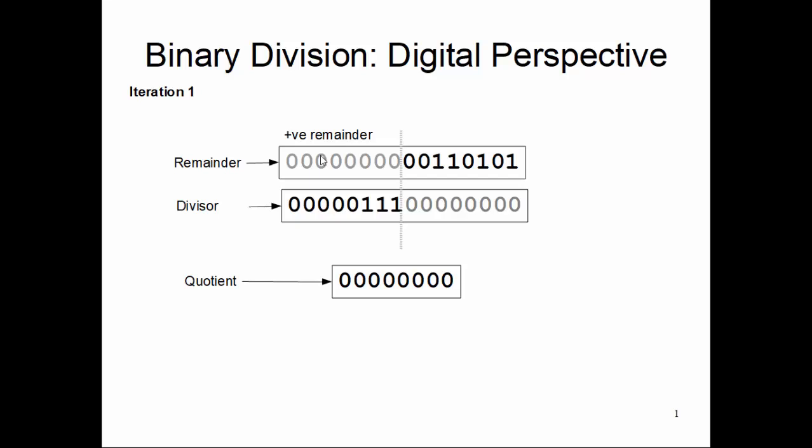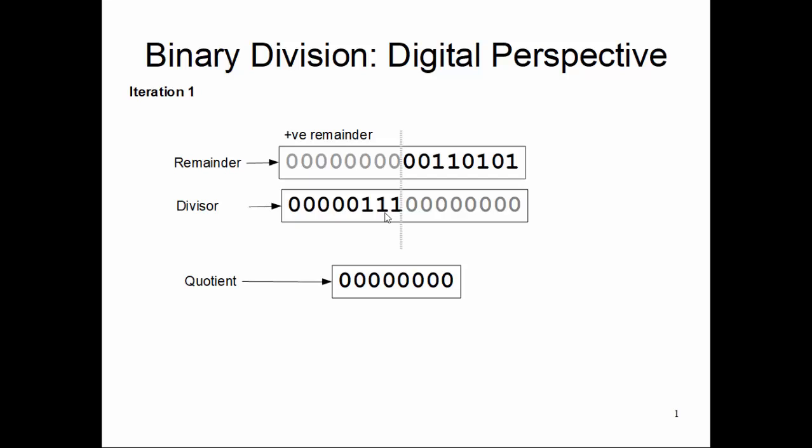One register we call the remainder register, and the other we call the divisor register. The remainder register is loaded on the lower half with the dividend bit pattern, and the divisor register on the upper half, in this case the upper 8 bits, we load the divisor bit pattern.